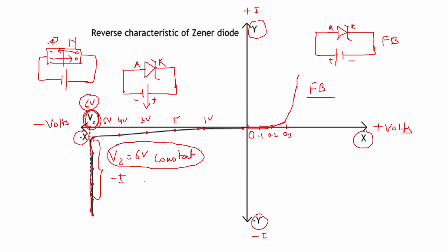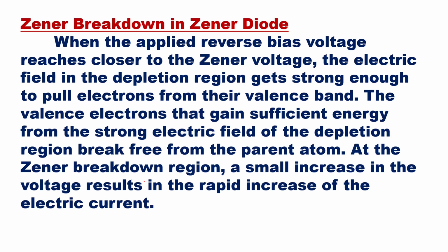As I've told you, Zener breakdown is a breakdown phenomenon which takes place in a Zener diode. Similarly, in your normal PN junction diode, the reverse breakdown is called avalanche breakdown. Avalanche breakdown is when the minority charge carriers, while moving, collide with each other, and in that collision, from the kinetic energy, many more charge carriers are produced, and that is how the breakdown takes place.